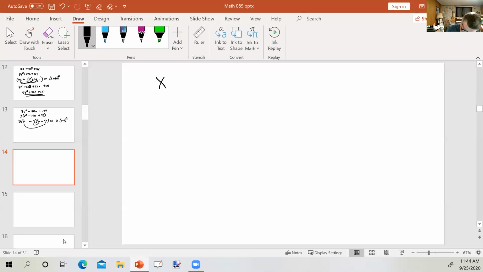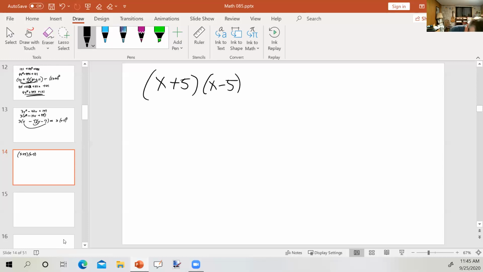Let's say I had x plus 5 times x minus 5. This is not going to be a perfect square because the factors are not identical. In fact, they're what is called a conjugate pair: the sum of 2 numbers times the difference of the same 2 numbers in the same order.